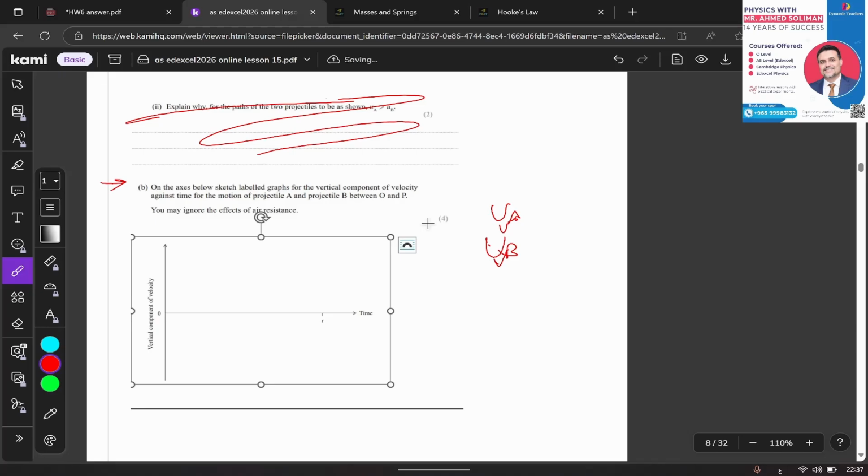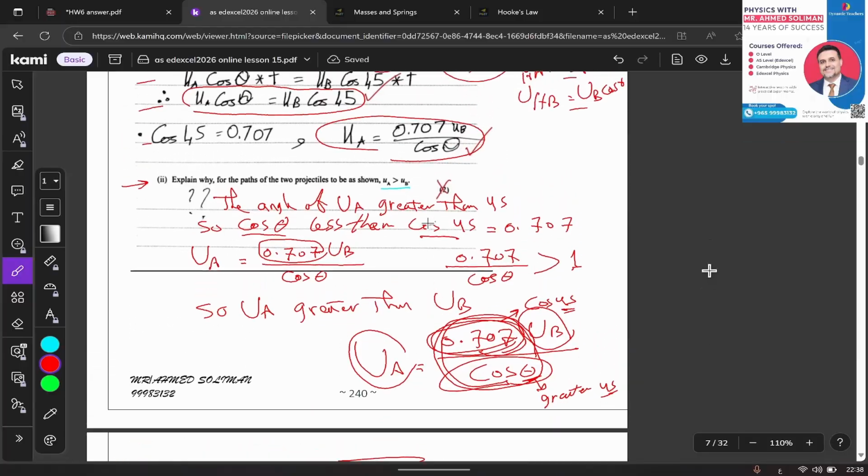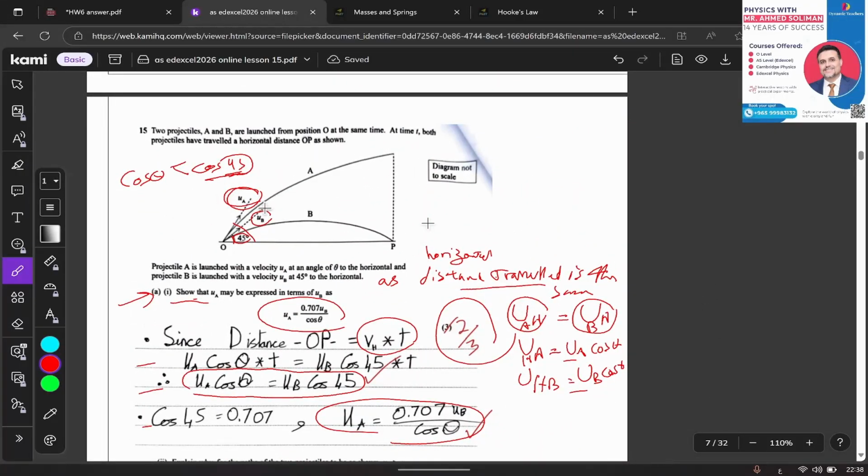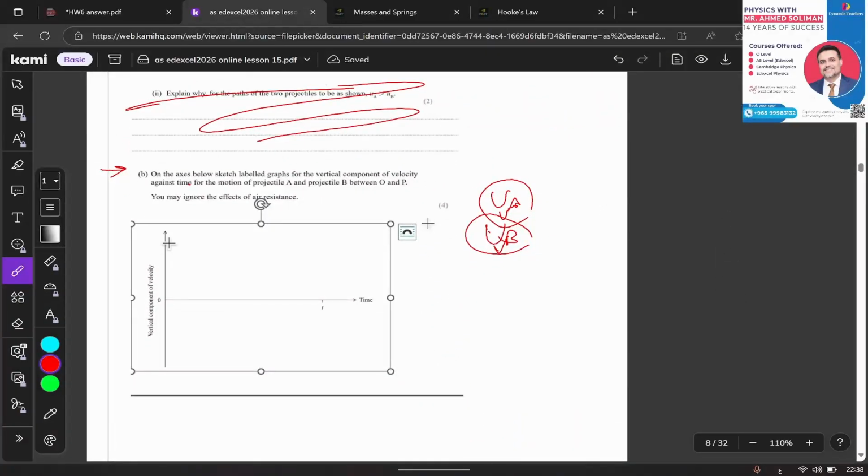It says on the axis, sketch a graph for the vertical component of velocity. Which one is greater, the vertical component of A or B? Of A. So we will start with a greater UA, greater than UB.